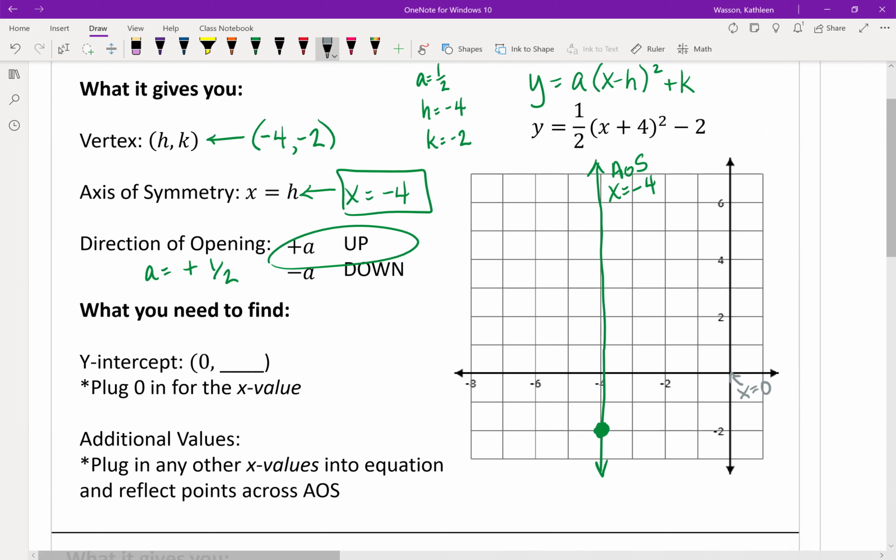My equation is y equals half, parentheses, where the x is, I'll put 0, plus 4 squared minus 2. 0 plus 4 is 4. So this is 4 squared here. 4 squared is 16. So I get y equals half times 16. And then minus 2.